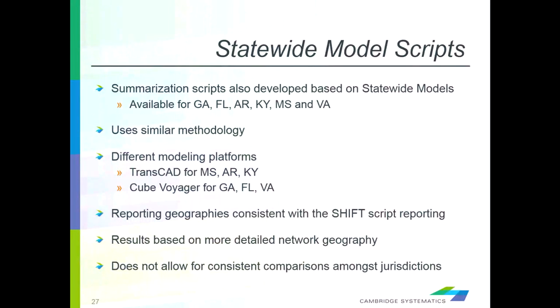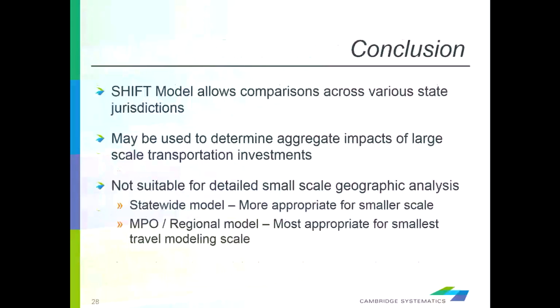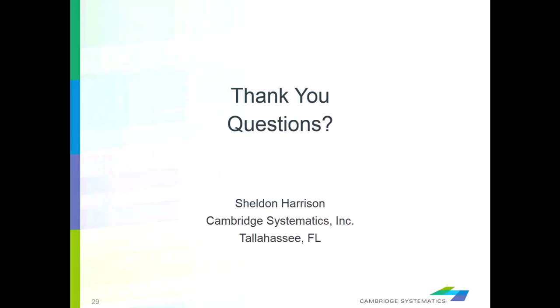But once you get to the sheet section, we have a button that automatically inputs the files and formats them in the correct order. And then just some conclusions on the SHIFT model. So, that's what I have.